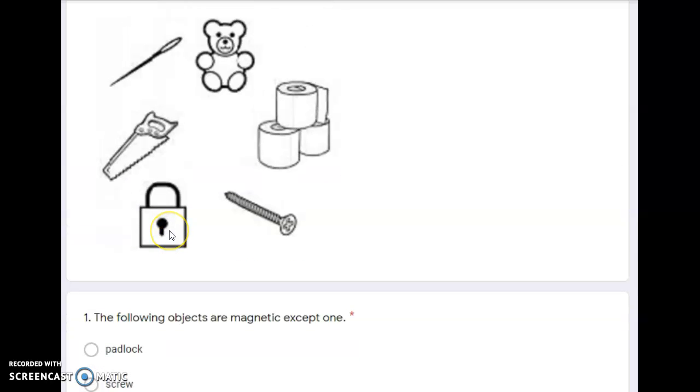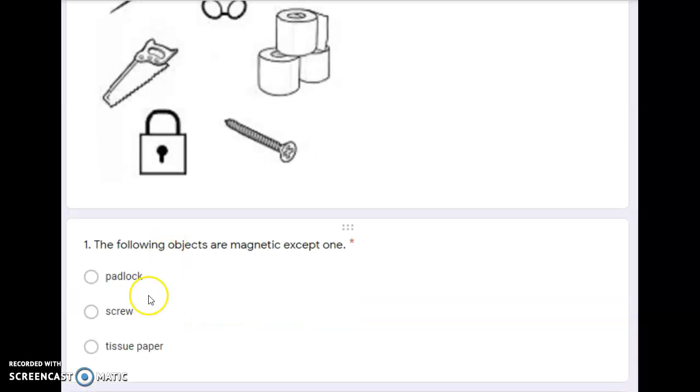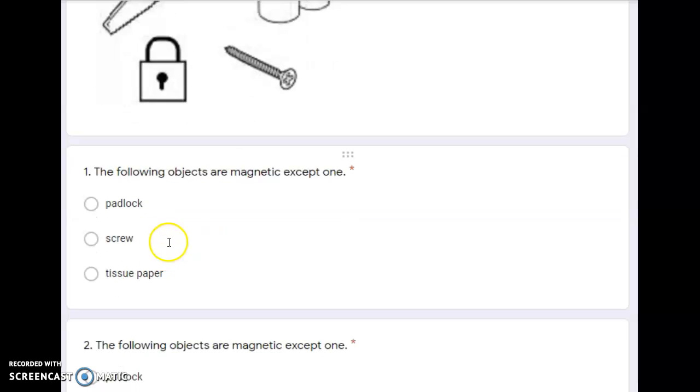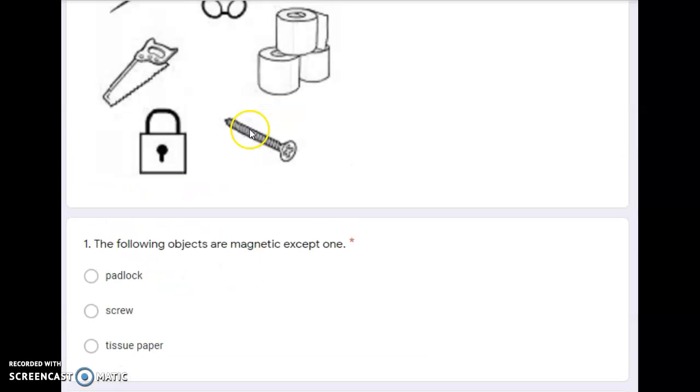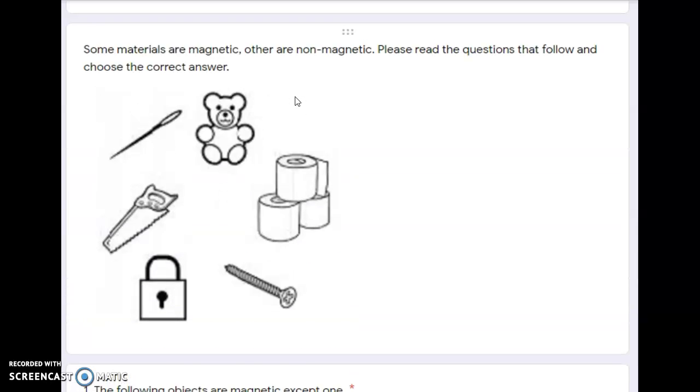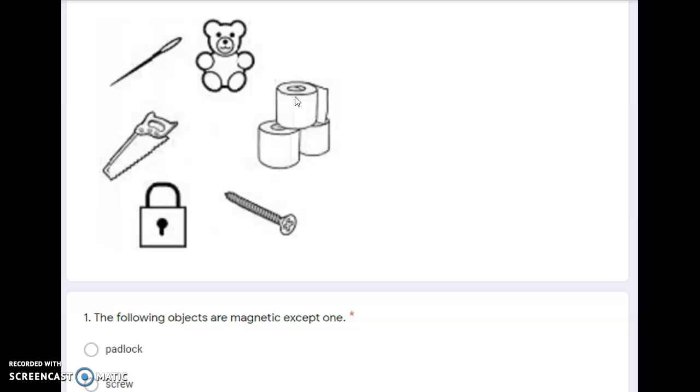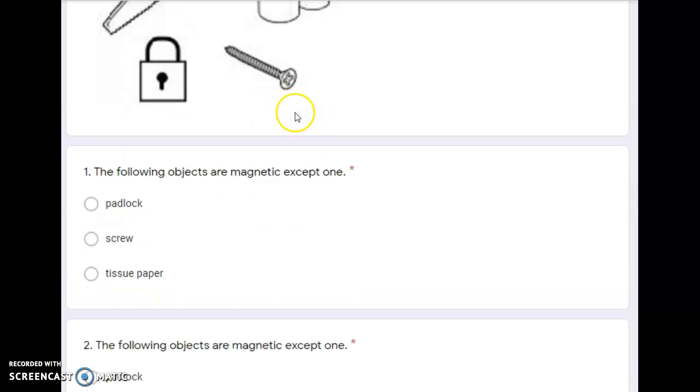So padlock is made of metal and metal is magnetic. Screw is made of metal and metal is magnetic. So the answer for number 1 is tissue paper, because we know that tissue is made of paper and it is not magnetic, right? Non-magnetic. It means it will not stick to a magnet whenever you stick it.